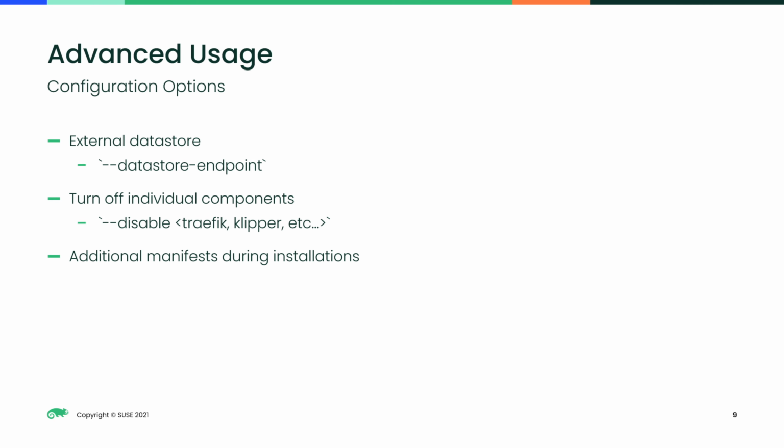So you can say, hey, here is my Metal 3, or sorry, you can tell I'm working at the edge, my Metal LB and Nginx or whatever else you want to override. You can set up that YAML in a specific folder, and K3s will go ahead and run that when it installs and comes up. So there's a lot of different configuration options that we have.